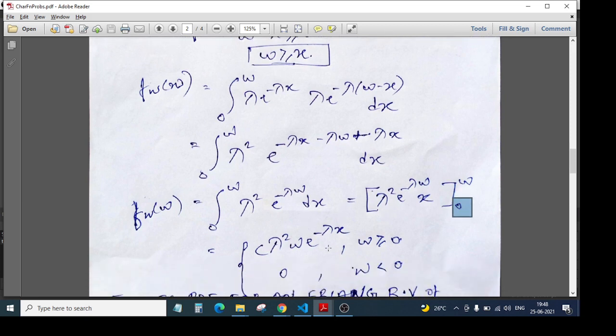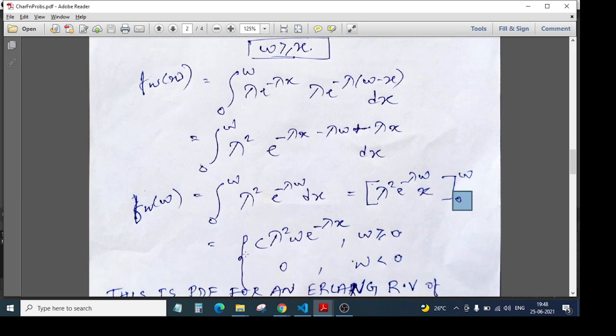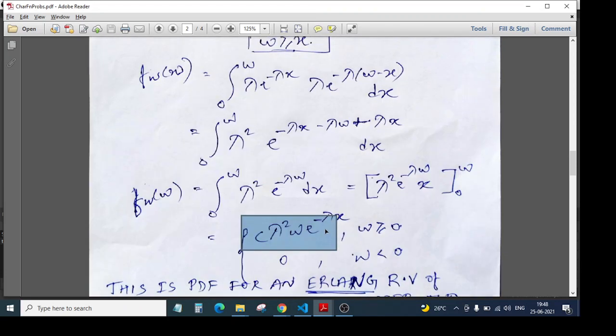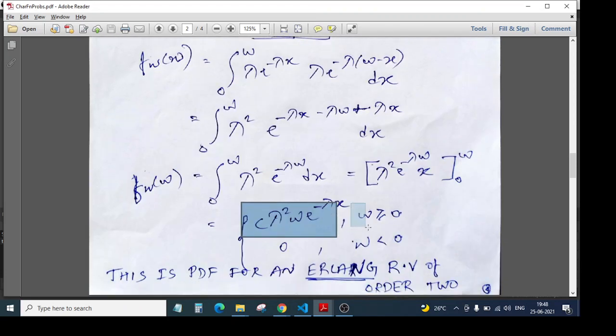So after putting the limits, this is your answer. You can just observe here that the x has been replaced by w. So it is nothing but lambda square, which is here, times w e raised to minus lambda w. Fine. This is only when w is greater than or equal to 0, and for all other values it is 0.